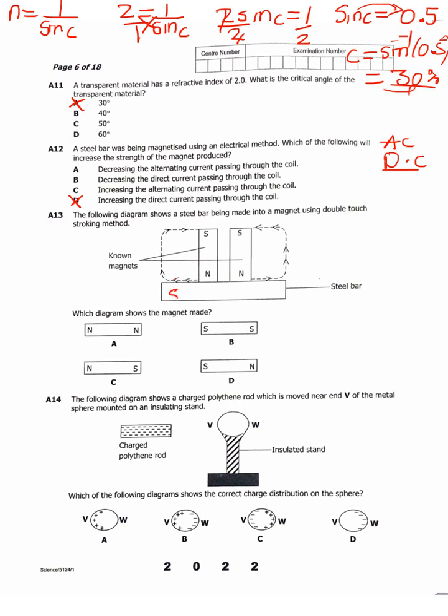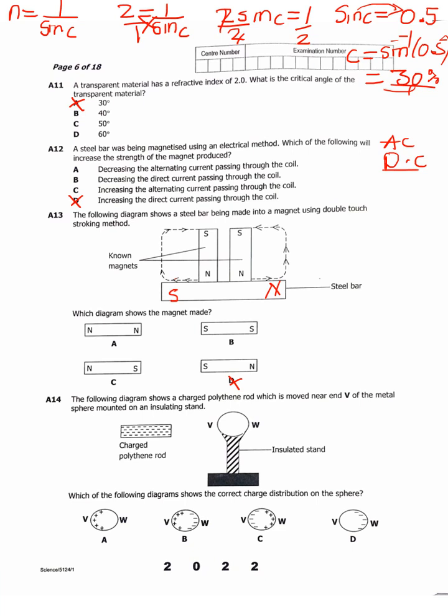So here we are expecting to produce a south pole, then here a north pole. So that is the magnet that we can expect from here. So we have D. Though for this question, it's not that complete. We're supposed to have at least a south here, so that we're able to create different poles.